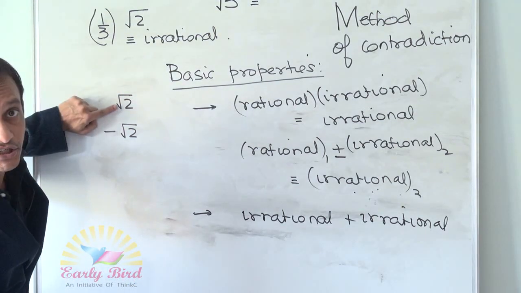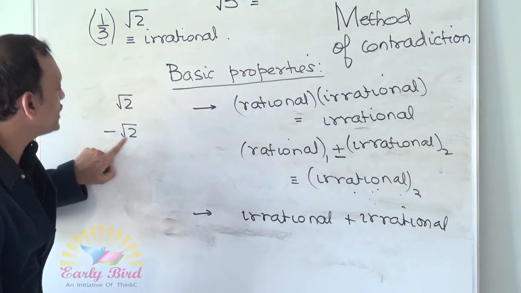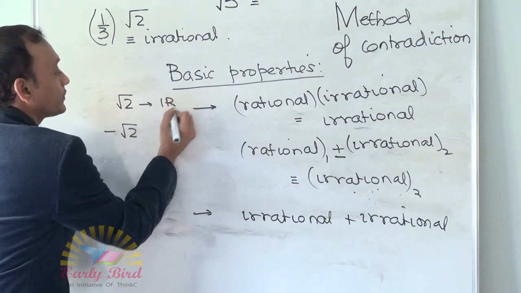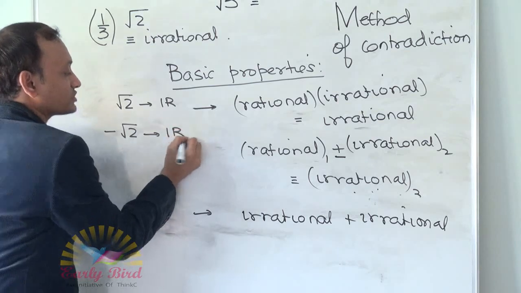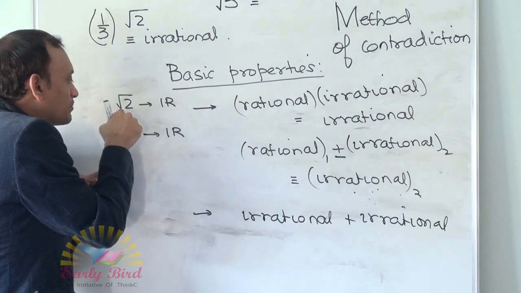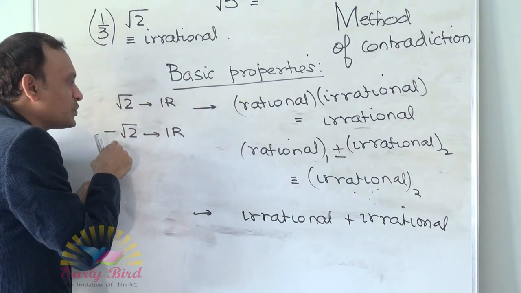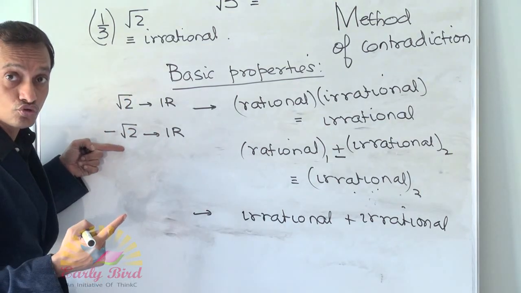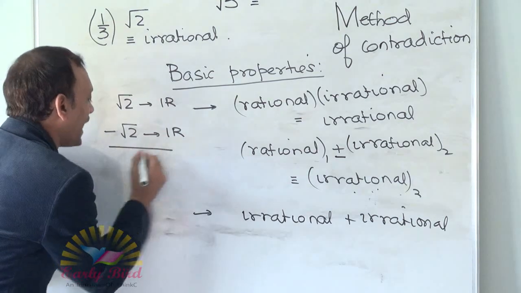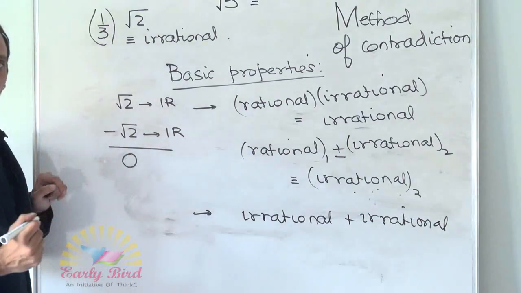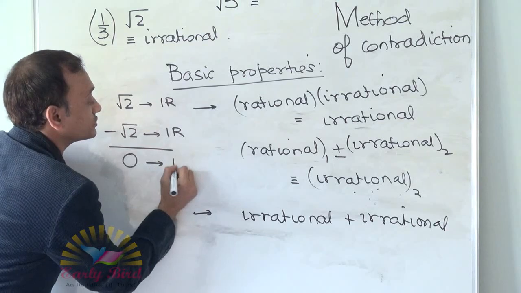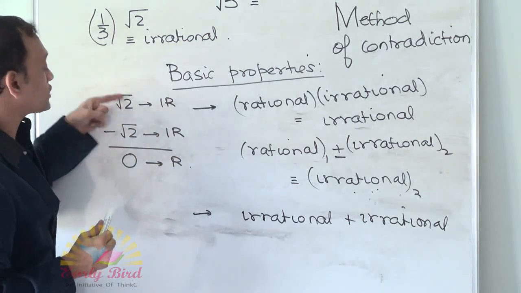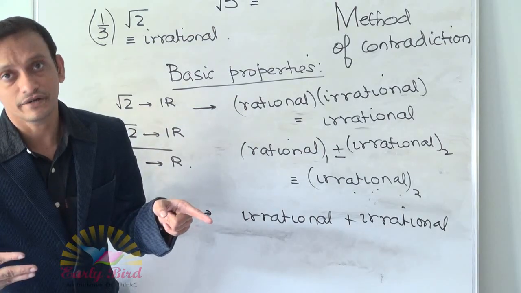If root 2 is an irrational number, then minus 1 into root 2 will always be irrational. Why? Because if I multiply an irrational number with minus 1, that will also be an irrational number. Both are irrational. But when you add them up, you get 0, which is rational. So sum of two irrational numbers can actually be rational.